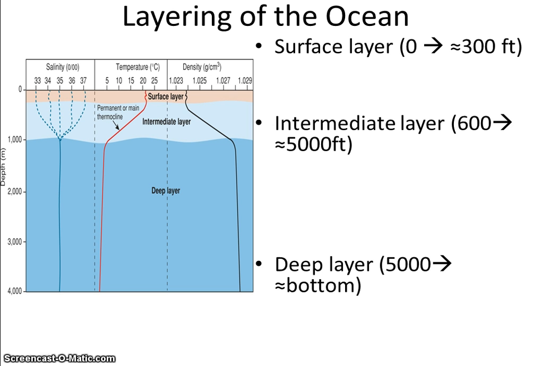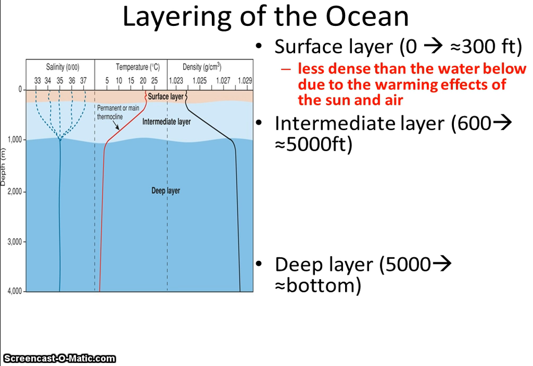Well, two reasons. One is you have the warming effects of the sun, and warmer water is less dense, and as a result, it goes to the top of the ocean. You also, in some places, have rain or rivers running into the ocean, which causes water to be less salty. And both of those things together cause the surface layer to be less dense than the areas below it.